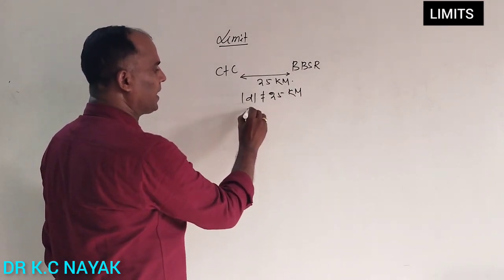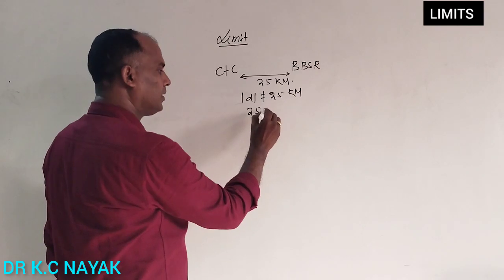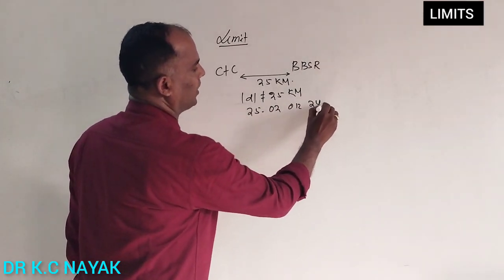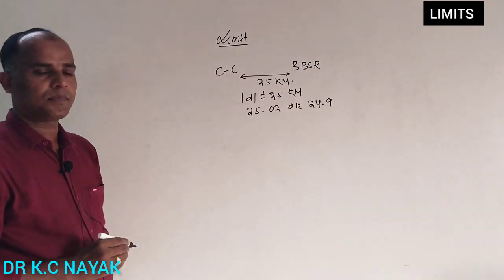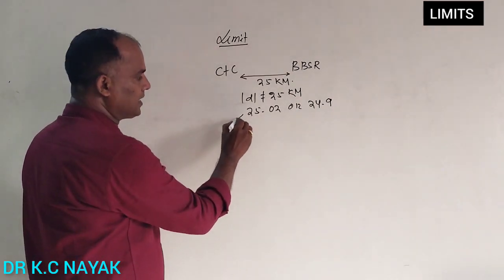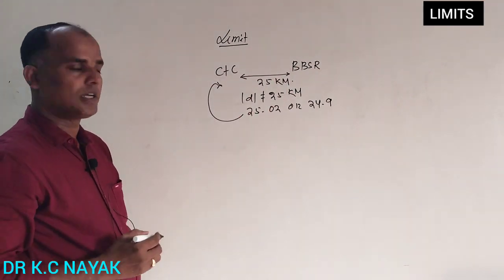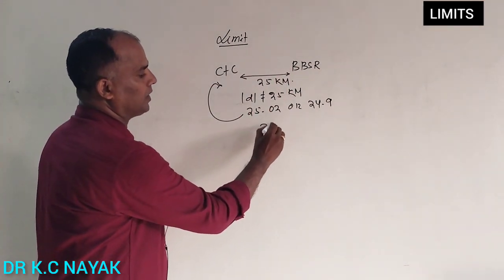That means it may be 25.02 or 24.9. In this type of case, the distance limit between Cuttack and Bhubaneswar is equal to 25 kilometers.